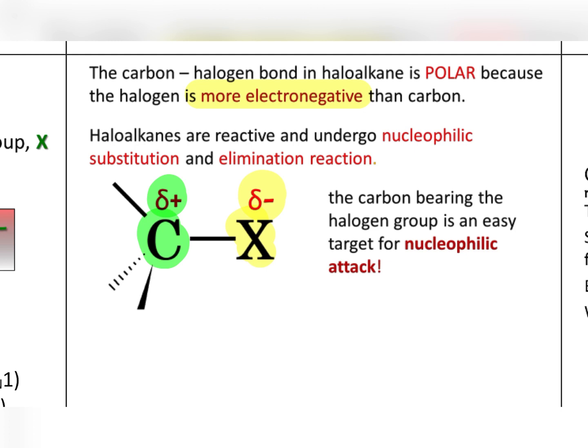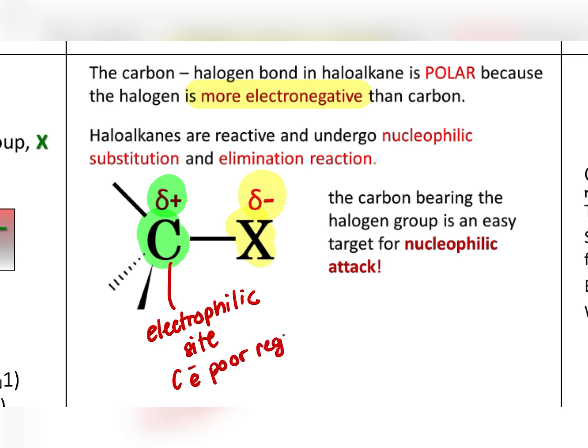Okay. So, this will make your carbon side ni akan jadi electrophilic side. Okay. Maksudnya, electron poor region. Okay, so bila dia region ataupun site ni kurang elektron, means dia lebih mudah menerima serangan daripada luar, which is nucleophile yang rich elektron lah.